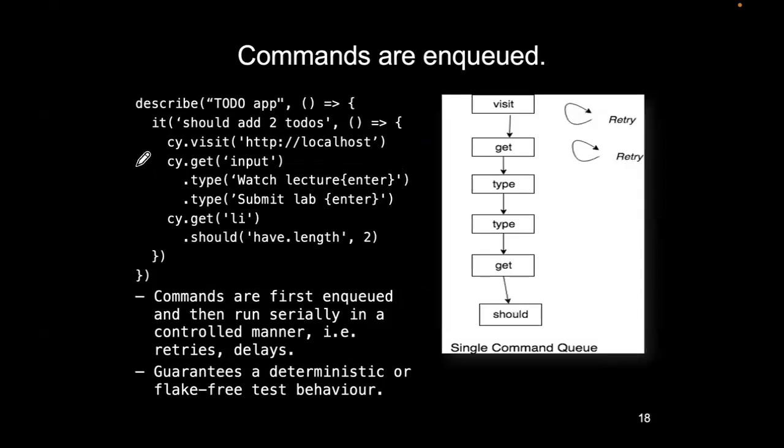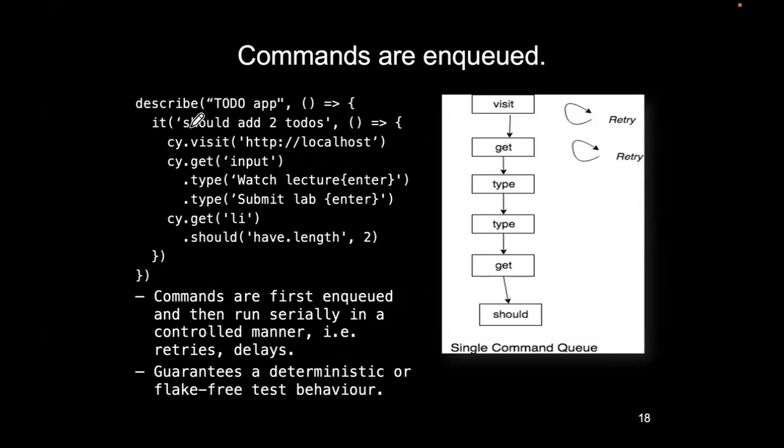Just very quickly, commands. The way Cypress actually runs, if this is my test spec, it's a very simple one for the little to-do app that we were talking about yesterday. When Cypress runs this test, it doesn't start here and execute this and then execute this and work its way through it sequentially.